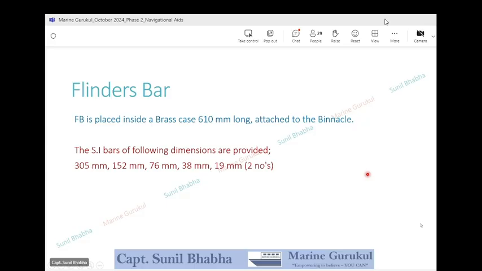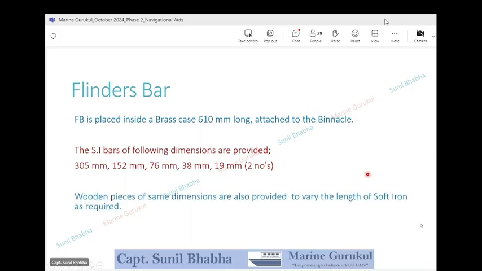Now, why are these provided in small pieces? Because as we just saw, to vary the magnitude of correction, we can change the length of the Flinders bar. So once these pieces are provided to us, we can use whatever pieces we require, and the other pieces can be kept as spare.